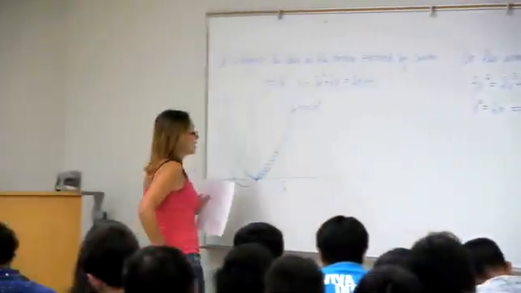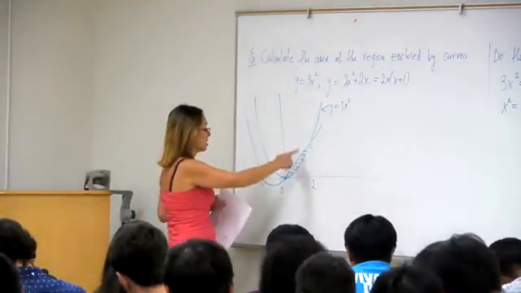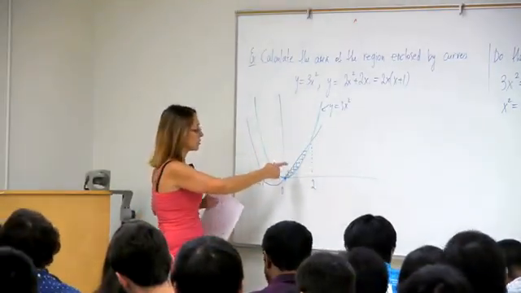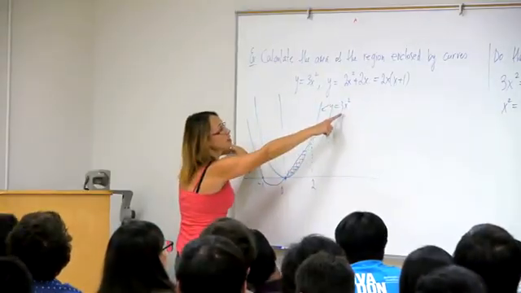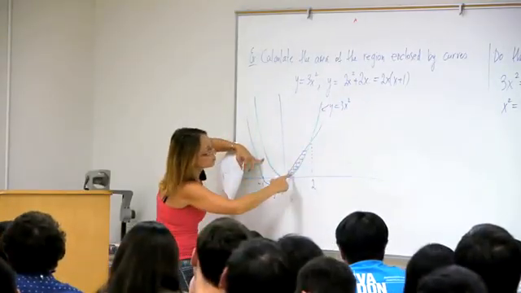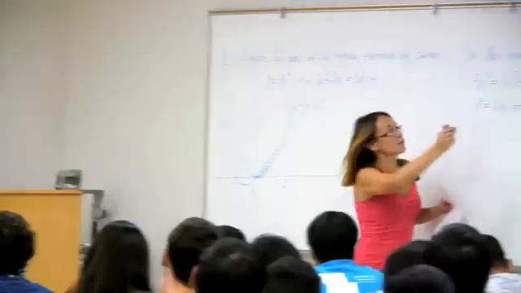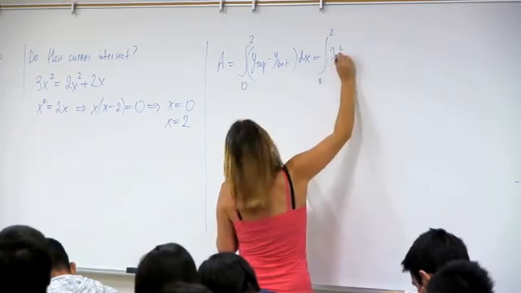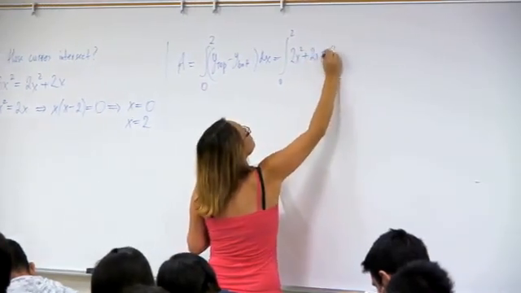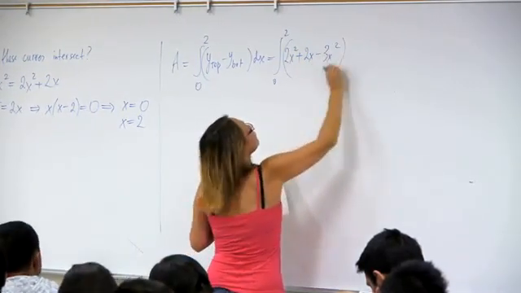Again, which one's on top? You can determine by checking the values. Or here, you know that the green curve is 3x squared, and that's the one on the bottom. So I have 2x squared plus 2x minus 3x squared.